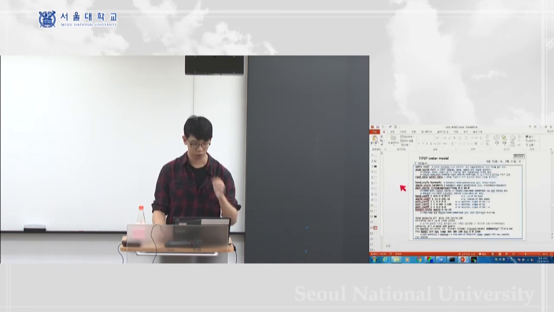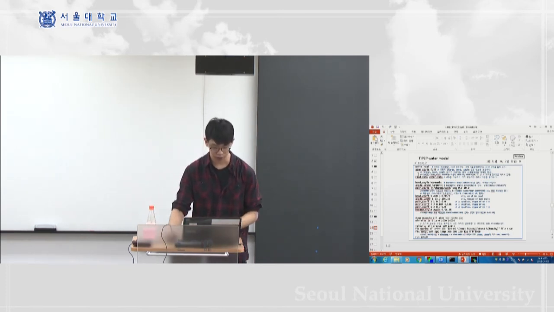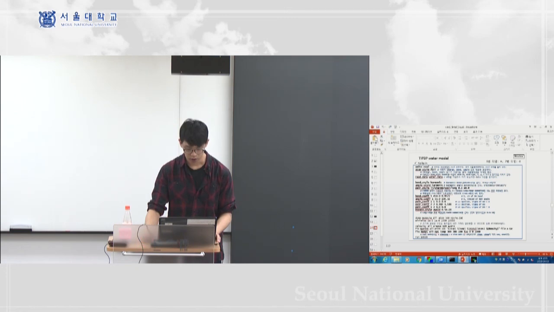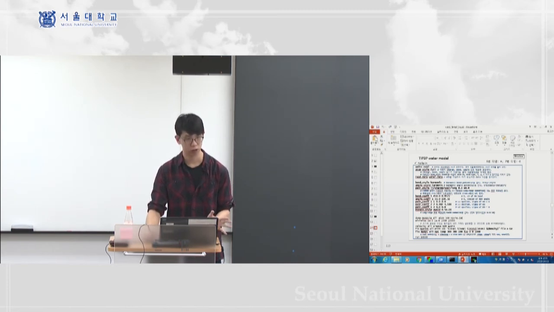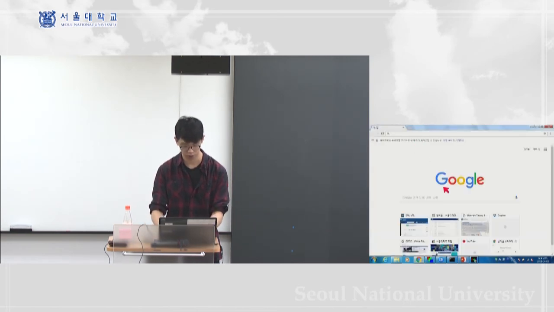This is slow because the potential is more complicated than the aluminum potential or silicon or something like that. So here we use the units of real, not metal. This unit is frequently used for the simulation of molecules. So the units or the physical constants are different, so you have to be careful.